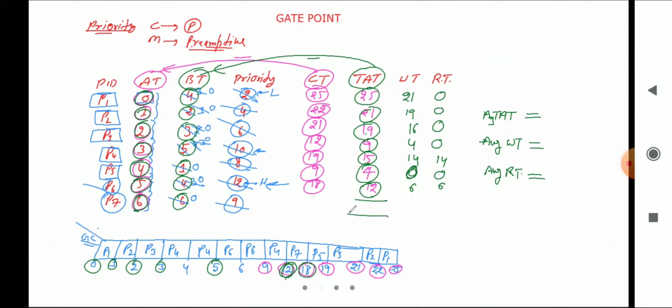Firstly add all these and divide by 7. Total number of processes are 7, so divide by 7. Again for average waiting time, add all these and divide by 7. For response time also add all these and divide by 7. You will get the average response time, turnaround time, and waiting time.